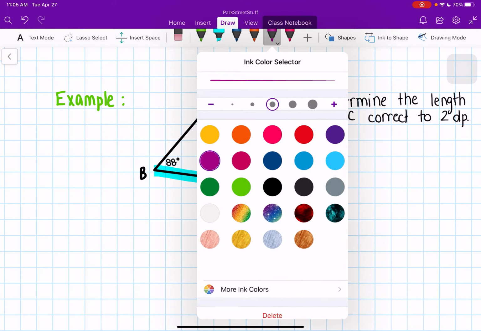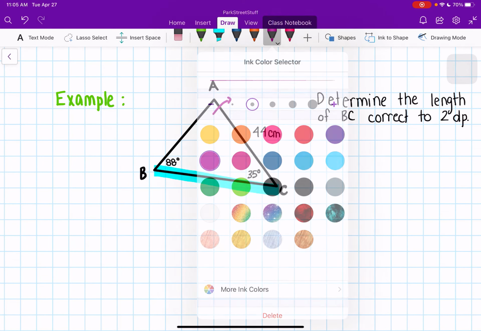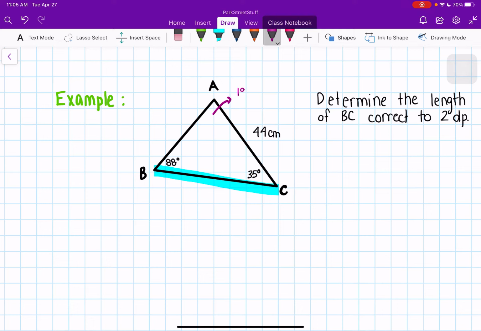So if you can remember, angles in a triangle add up to 180. So this angle over here is actually going to be 180 minus, and then I have to add those other two angles that we know, because the three angles in a triangle will all add up to 180.